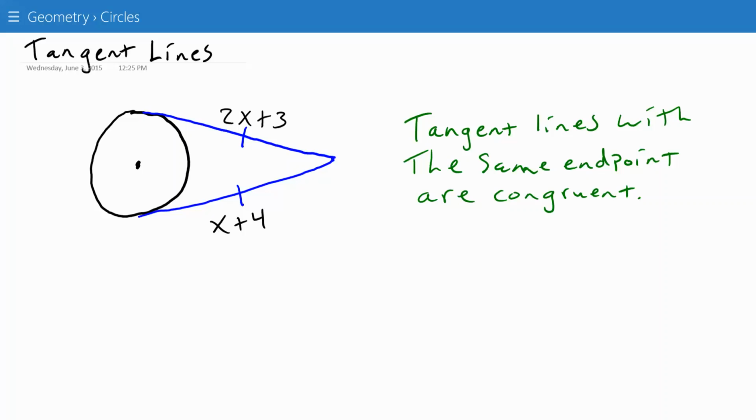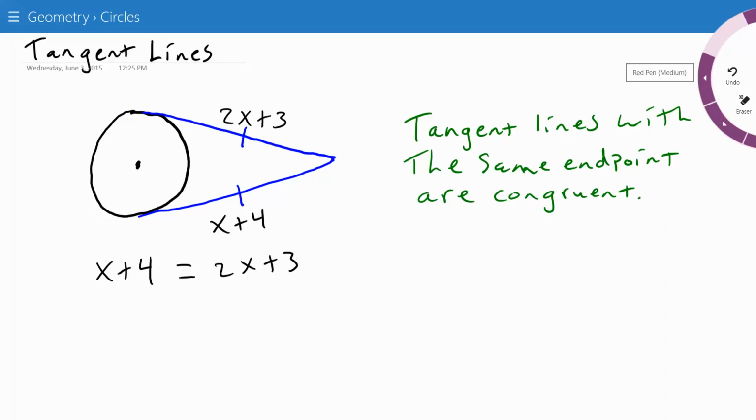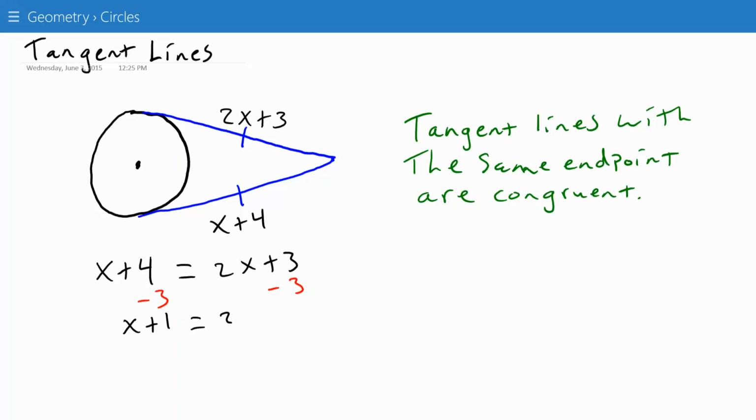So I can say x plus 4 should be congruent to 2x plus 3, or x plus 4 is equal to 2x plus 3. So our first step there, I'm going to subtract 3 from both sides. So I have x plus 1 equals 2x.